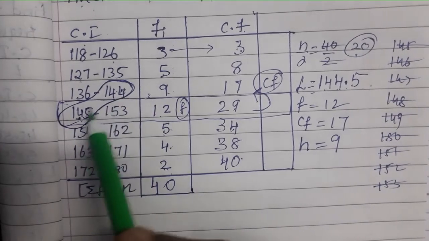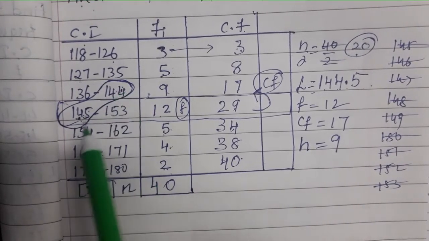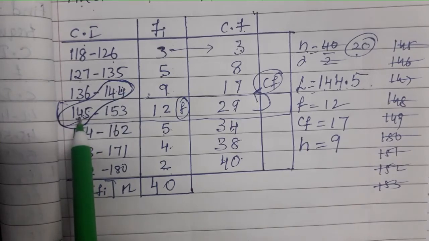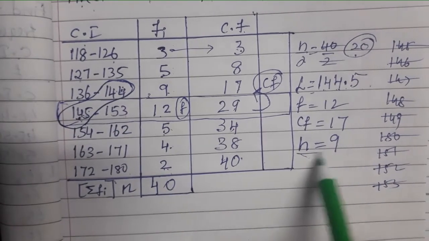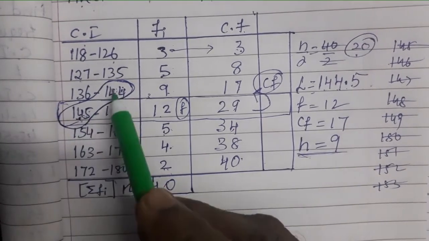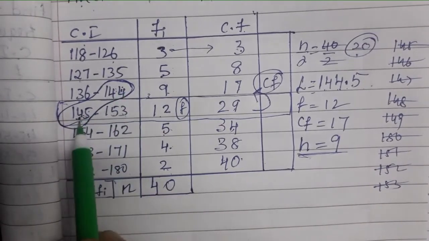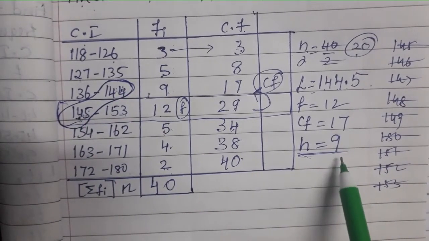So when you have continuous numbers like this in the previous upper limit and in the median class interval lower limit, like 145 to 153, you have to count. That will become the size of the class interval. If the upper limit and lower limit are the same, simply if you subtract, then you get the size of the class interval.